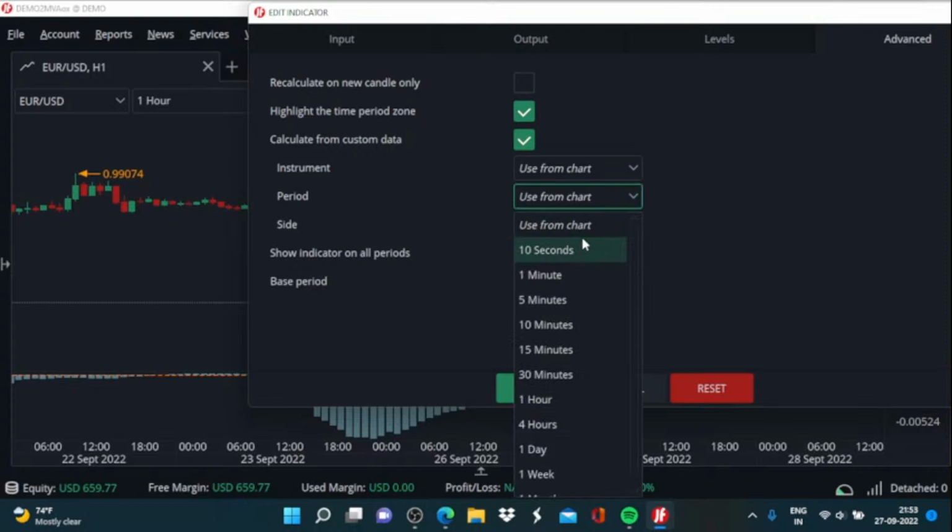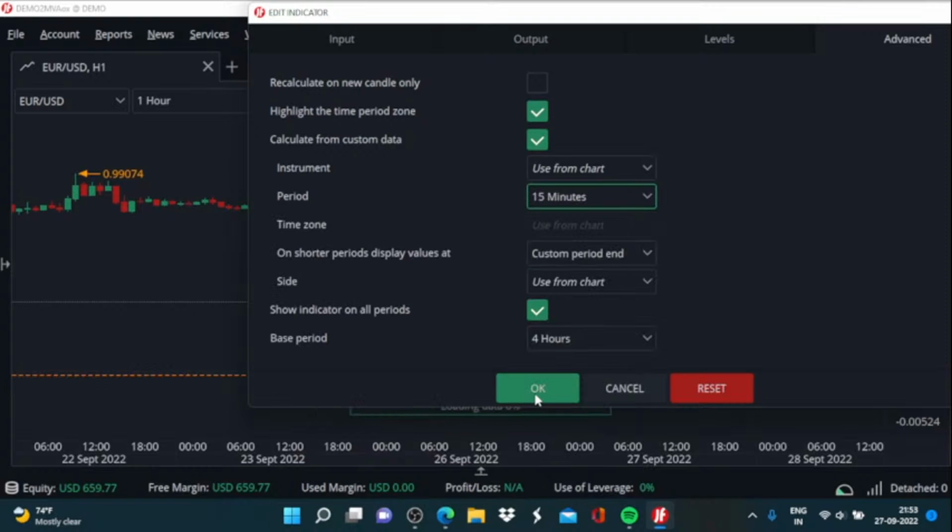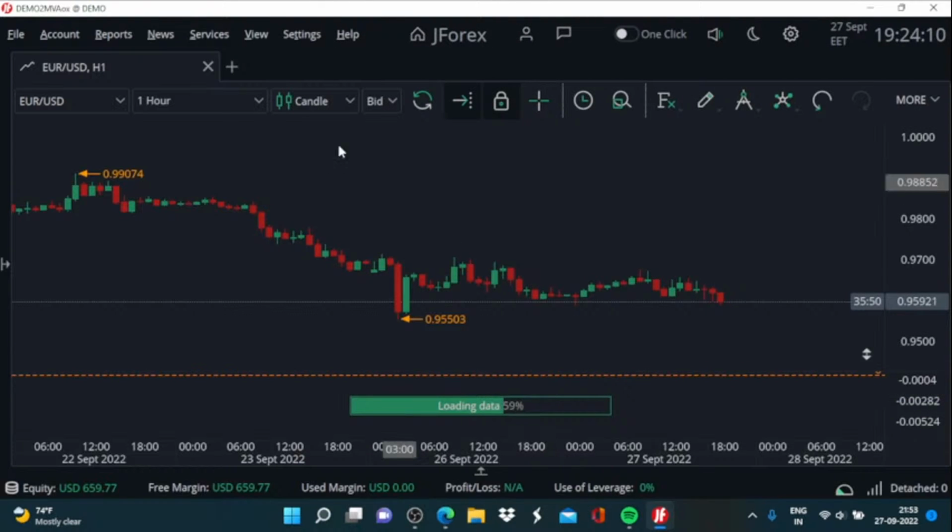The calculation period can be the same as the chart, or you can even vary it if you want the calculation to be customized as per the default candle period. And if you want it to be different, suppose you want it to be 15 minutes rather than being the same as the chart's candle period, then you can do that.